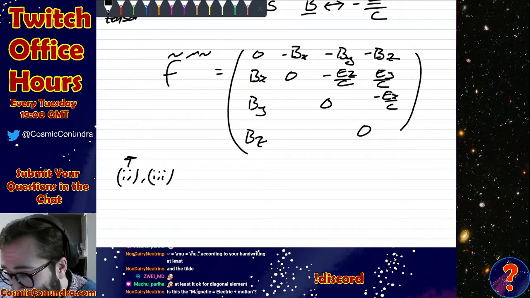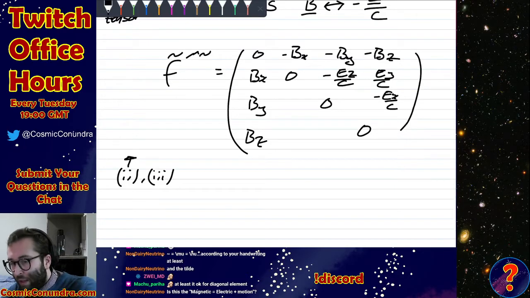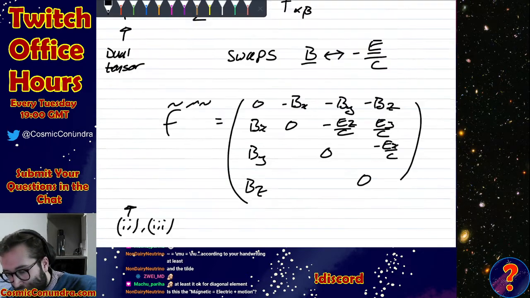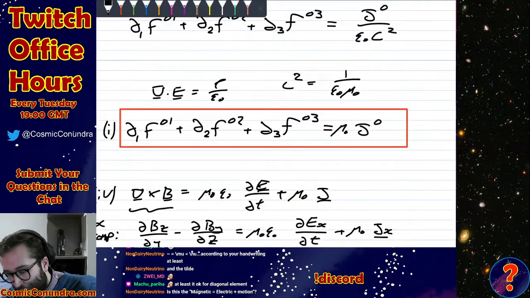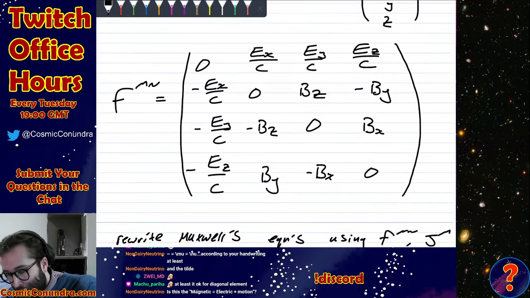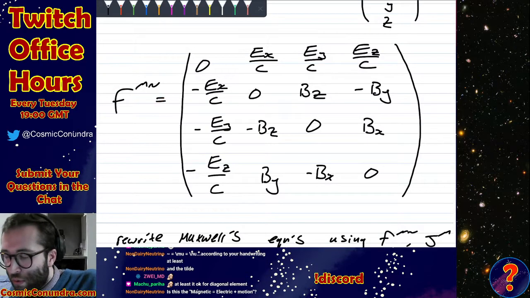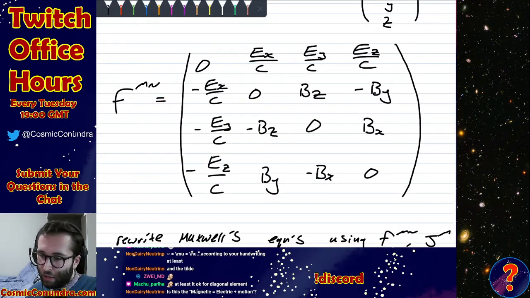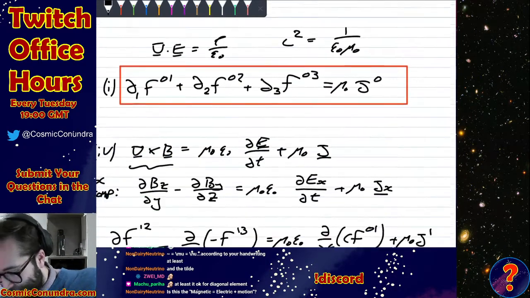If you wanted to find how the fields actually transform, not just the potentials, you would do a Lorentz transformation on the field tensor, which, because it's a rank 2 tensor, needs two Lorentz transformations contracted in with it. This will swap your E fields and B fields around and mix things up, and you'll get the same transformation equations you could find by considering velocity boosts of current densities, turning them into charge densities and so on. But we didn't actually do that explicitly.